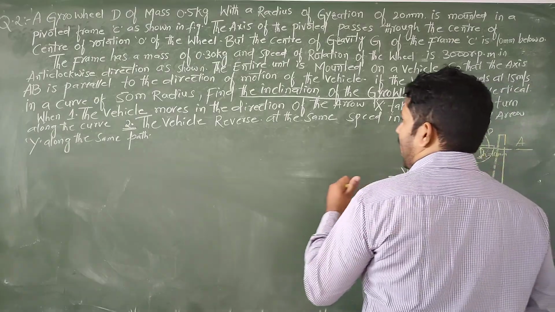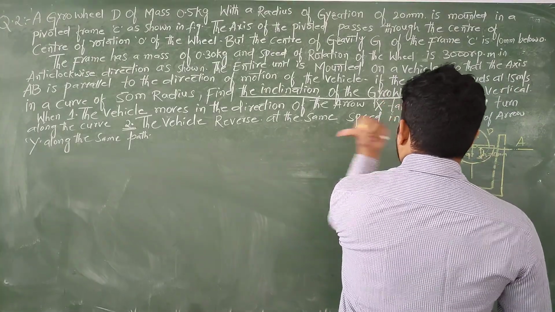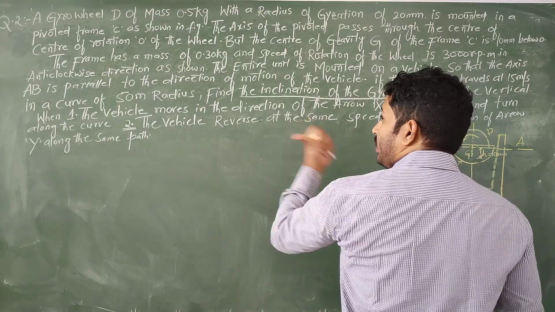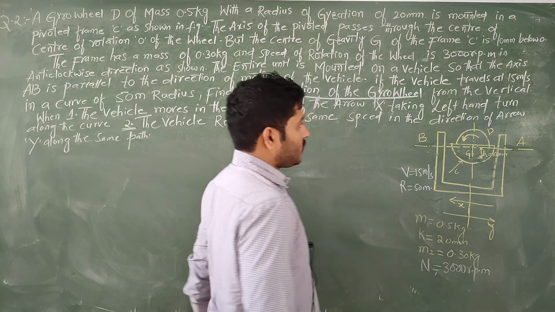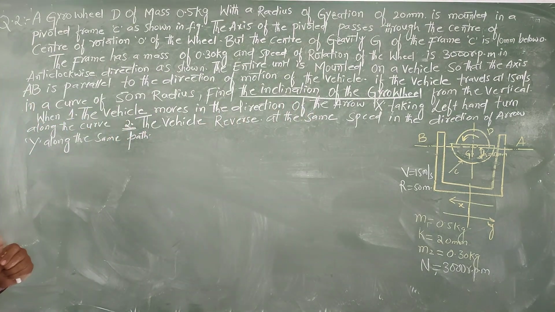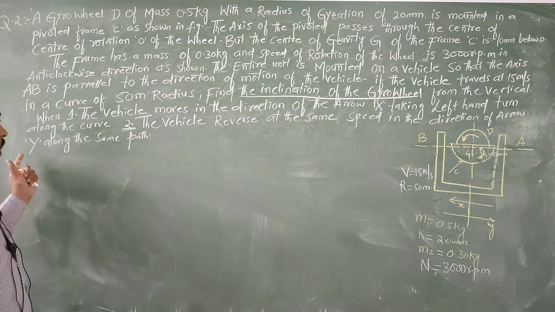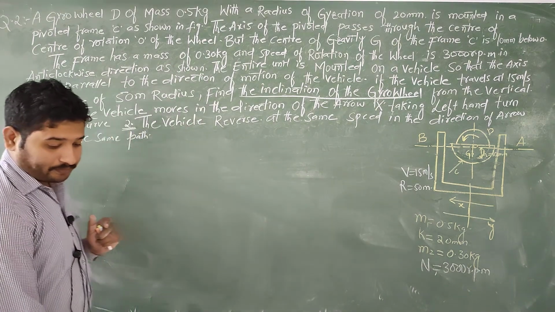So the vehicle moving in the direction of arrow X takes a left hand turn, and Y is taking the right hand turn. The second condition is that the vehicle is reversed at the same speed in the direction of arrow Y along the same path.